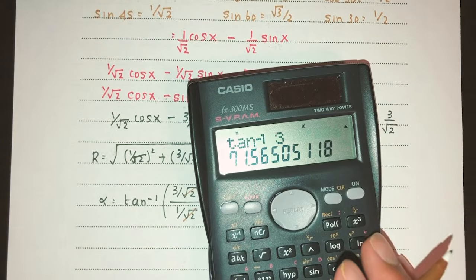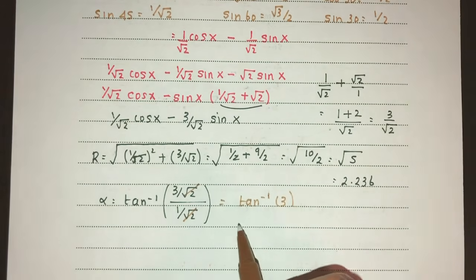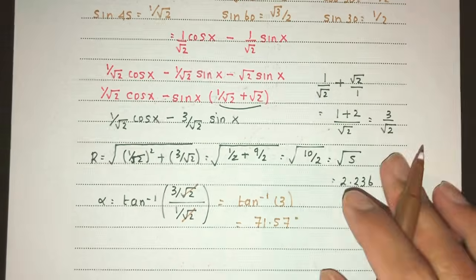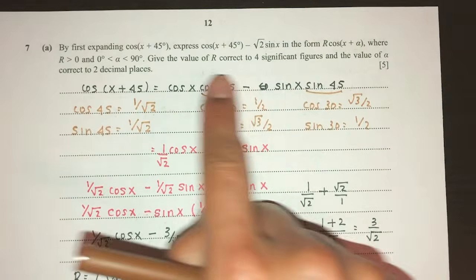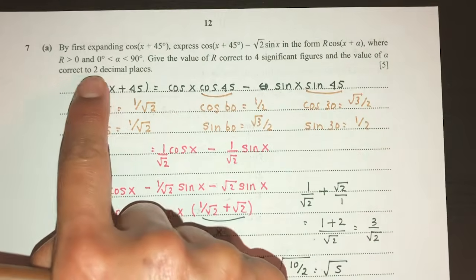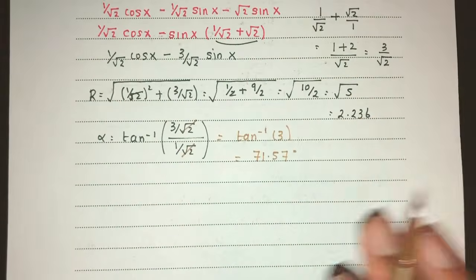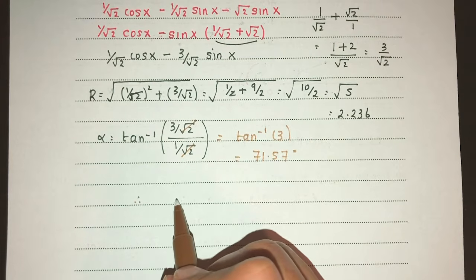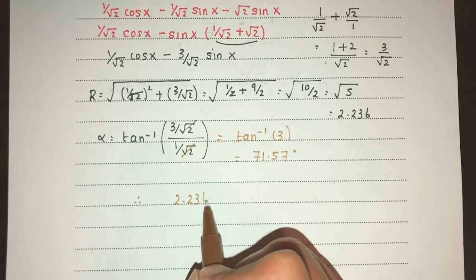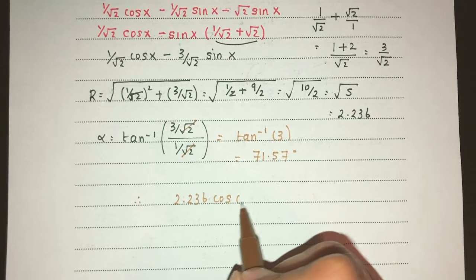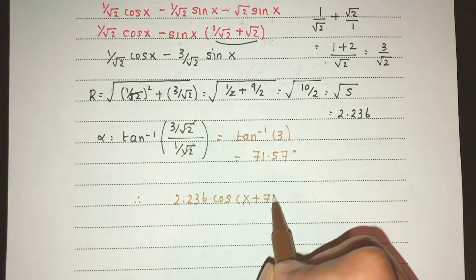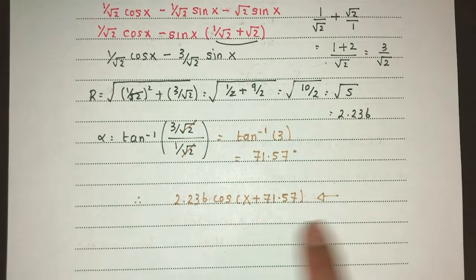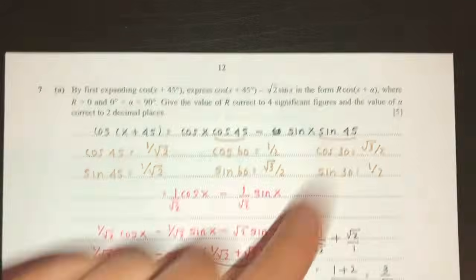That will be 71.57, correct to 2 decimal places. So always read the question to see what they are asking you for. The value of alpha correct to 2 decimal places. Okay, so right now you have these two values. Replace back, you will have r is 2.236 times cos of x plus 71.57. Okay, so that will be the value for your equation, this one.